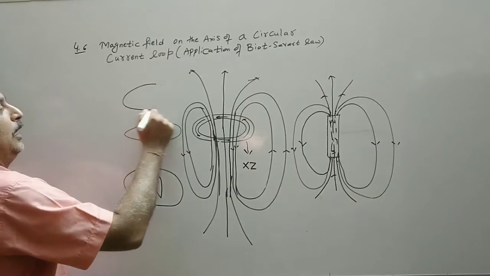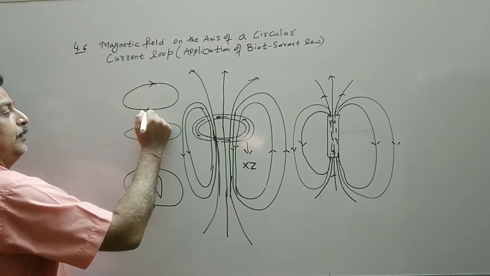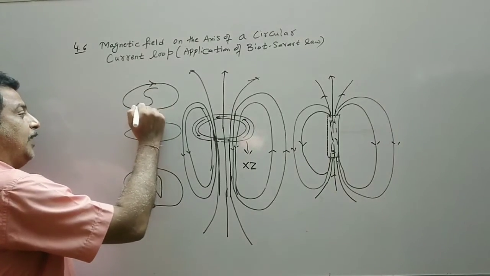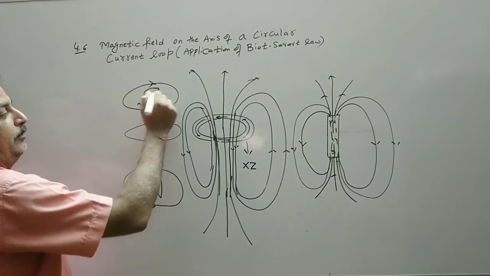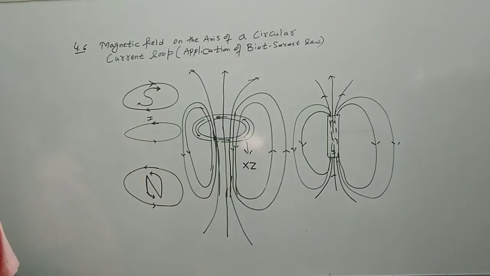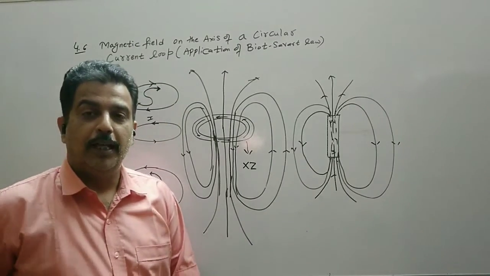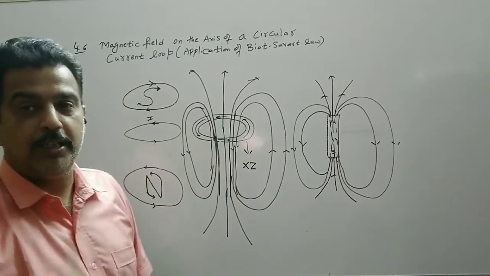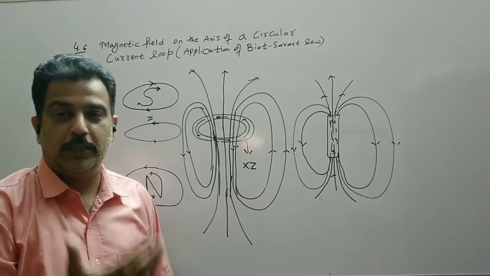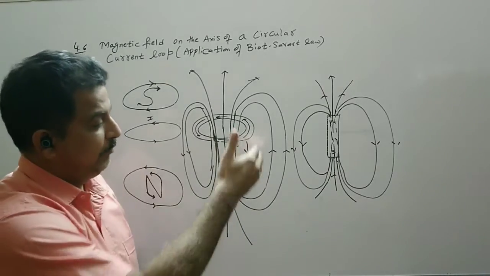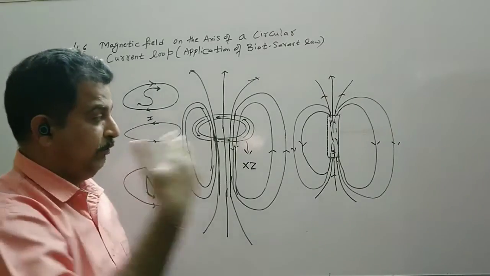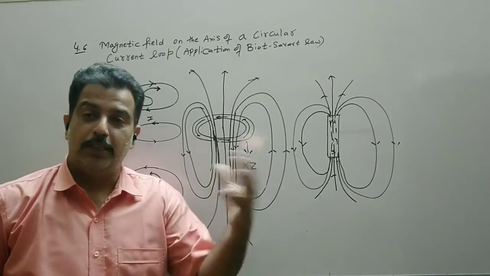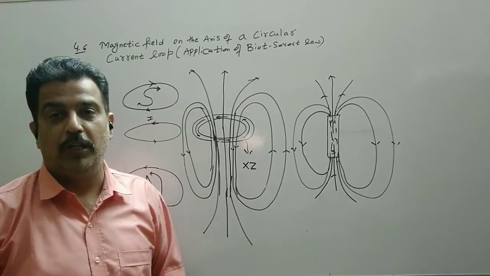And if the current is flowing in the clockwise direction, then this face of the ring will behave like a south pole, and the field lines go inside the south pole. It originates from north and goes into the south, and if it is a bar magnet, it is from south to north. It forms a closed loop. It is not like an electric field that originates and terminates. So magnetic field lines will not terminate.